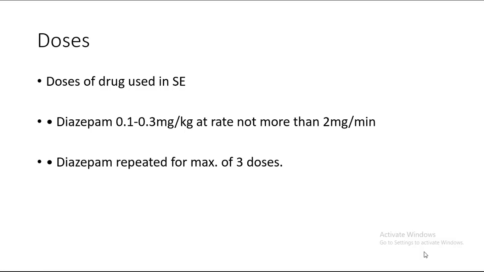It can be repeated for a maximum of 3 doses every 10 minutes. And if we get no IV access, then we can give it rectally after diluting the diazepam. Of course there is a special diazepam gel, but even the one used for IV injection or infusion, we can withdraw the appropriate dose according to the body weight, dilute with tap water to 3 to 5 milliliter, and then inject it rectally.